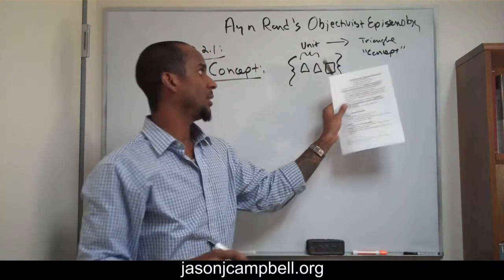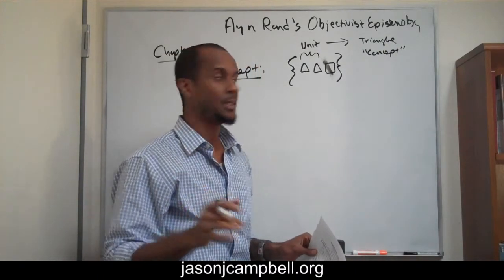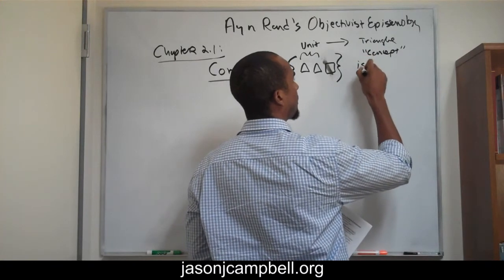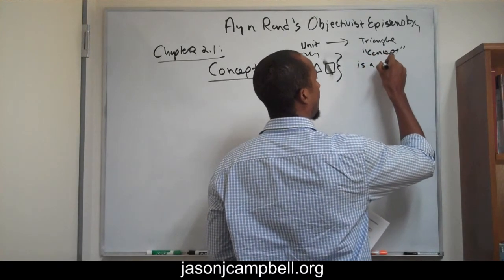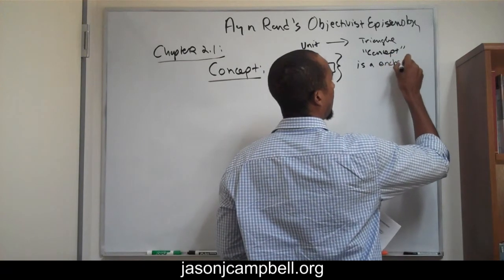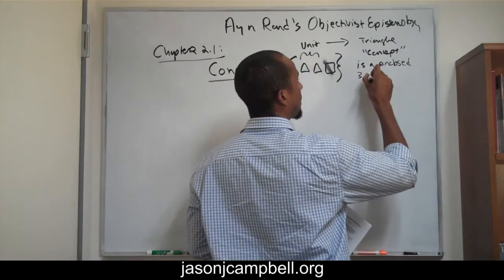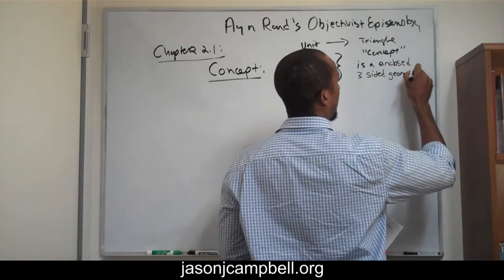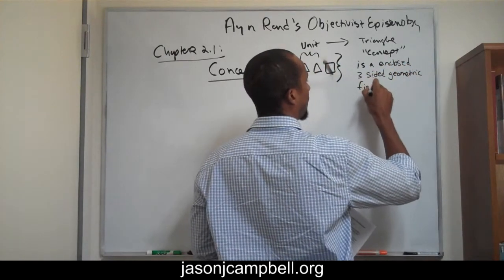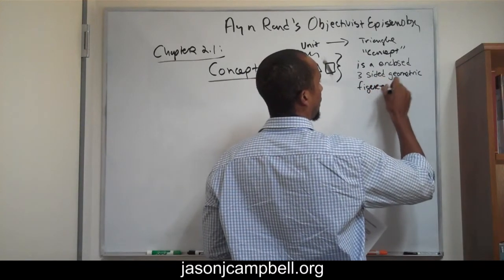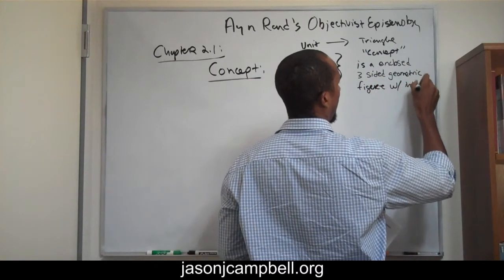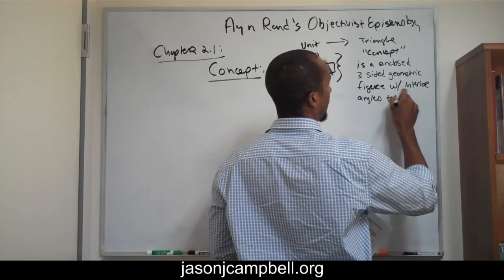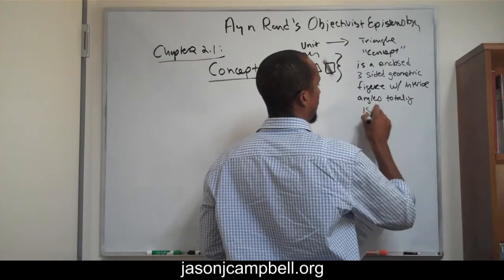We're able to justify this concept definitionally, right? And we can say technically that a triangle is an enclosed 3-sided geometric figure with interior angles totaling 180 degrees.